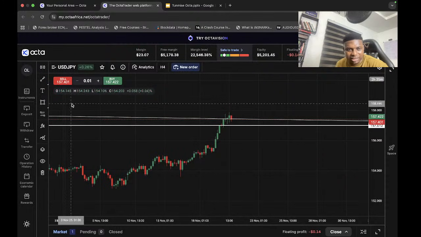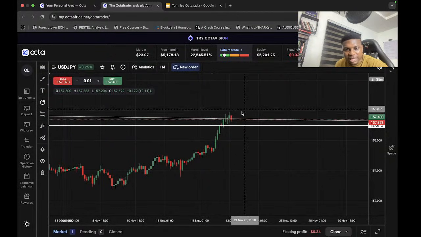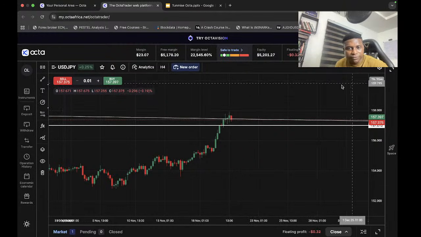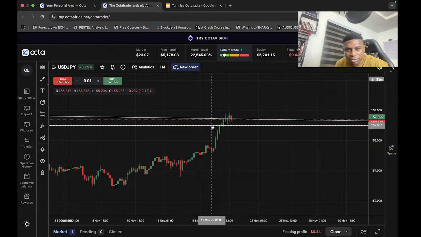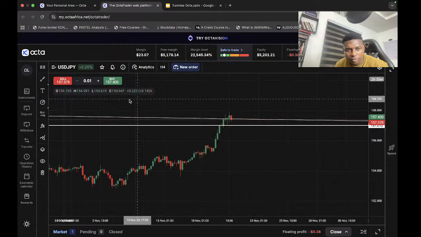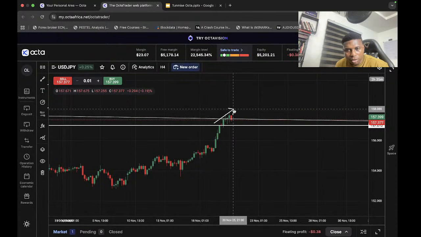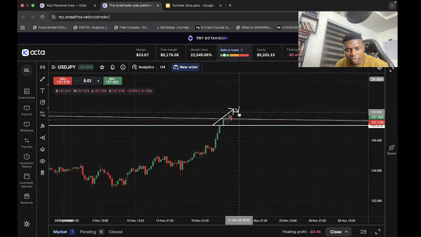What will most likely happen at this level is that we will see price consolidate, go up, go down.